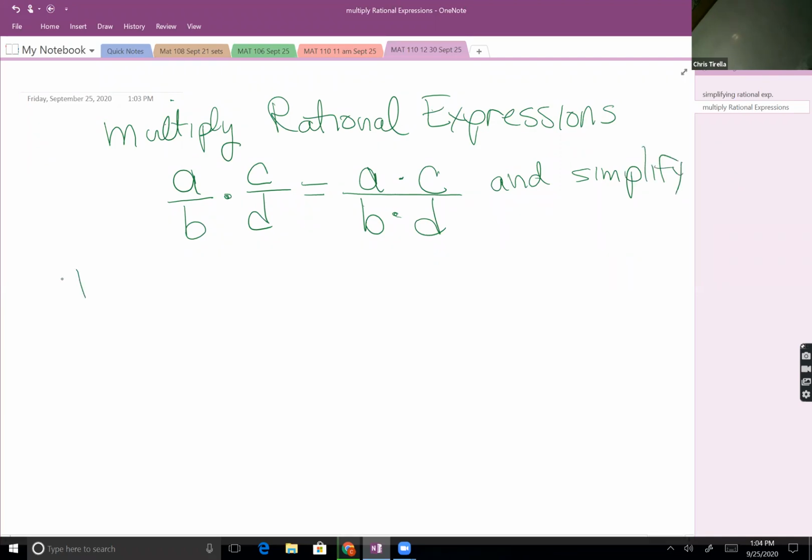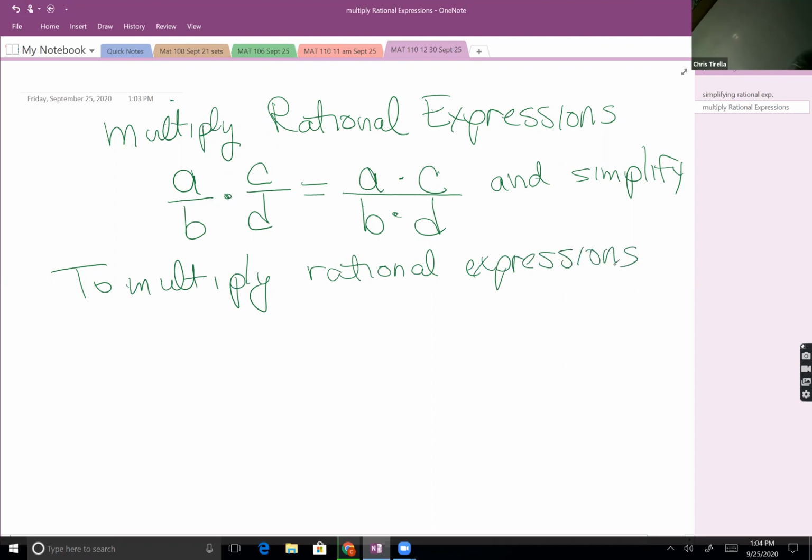And so to multiply rational expressions, because we just multiply straight across and then simplify, the first thing we're going to do is factor each numerator and denominator completely.